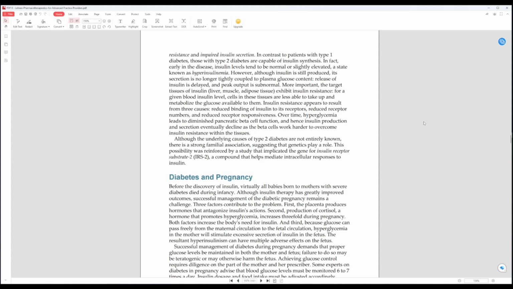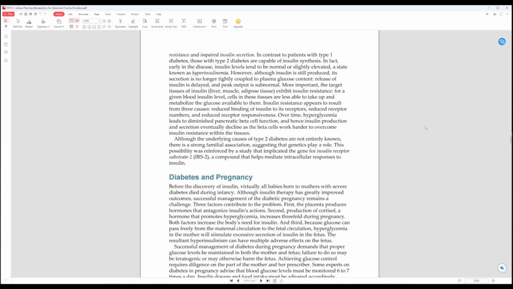In fact, early in the disease, insulin levels tend to be normal or slightly elevated, a state known as hyperinsulinemia. However, although insulin is still produced, its secretion is no longer tightly coupled to plasma glucose content. Release of insulin is delayed and peak output is subnormal.